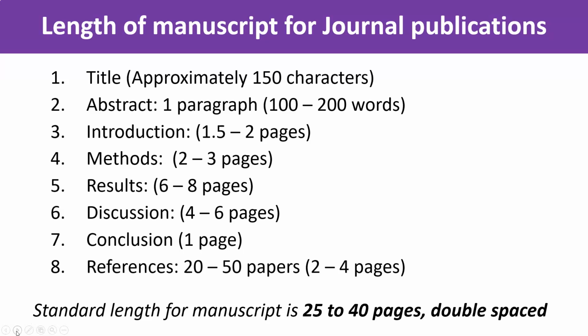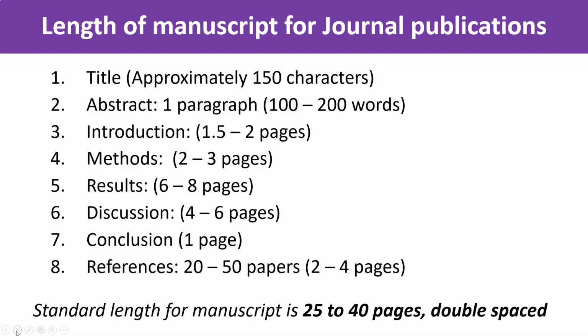Then your abstract. For journal papers, your abstract must not be more than one paragraph, like I said earlier, and it should normally be about between 100 and 200 words. Then your introduction should be not more than 1.5 to 2 pages. And all these things I'm talking in terms of pages, I'm talking of double spacing.